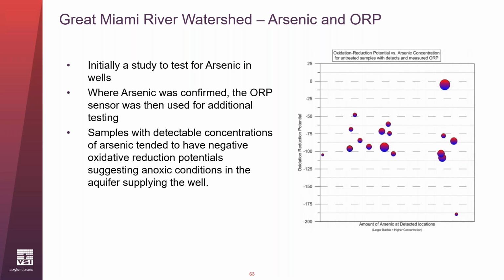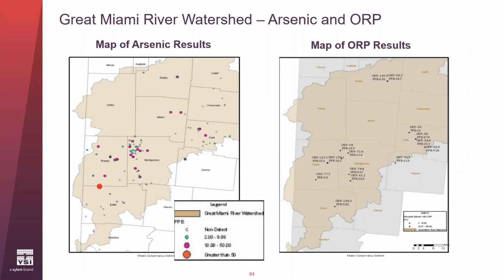What they found was that in the water that was confirmed to contain arsenic, the ORP would trend towards being more negative. And you can see that chart giving us that correlation right there. Here's another chart with a map. Here you can see two maps of the findings. The first map has the locations of tested wells and the concentration of arsenic that was found.